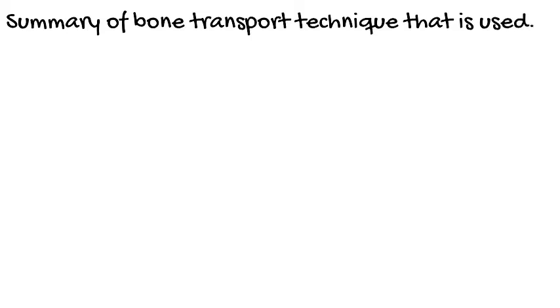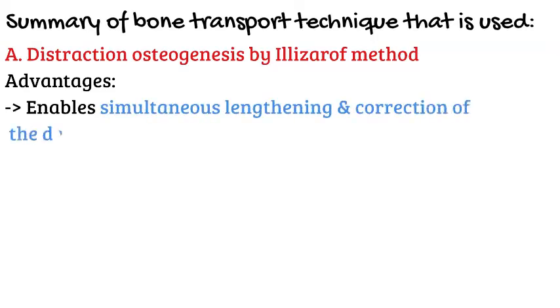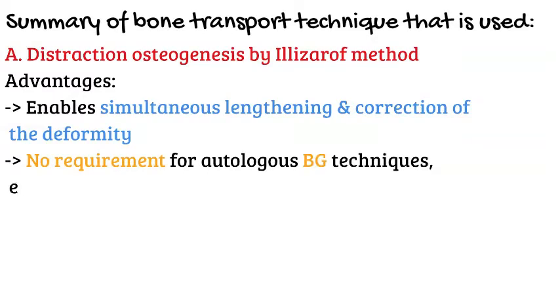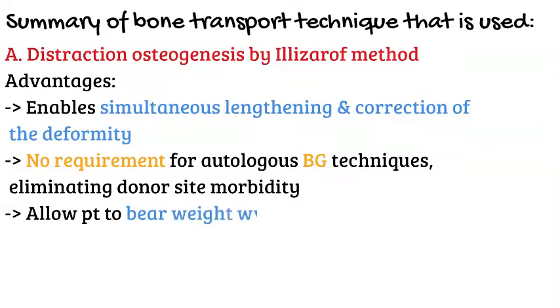Next, regarding a summary of the bone transport techniques that are used, I will start with A, distraction osteogenesis by the Ilizarov method. The advantages of this technique include that it enables simultaneous lengthening and correction of the deformity.